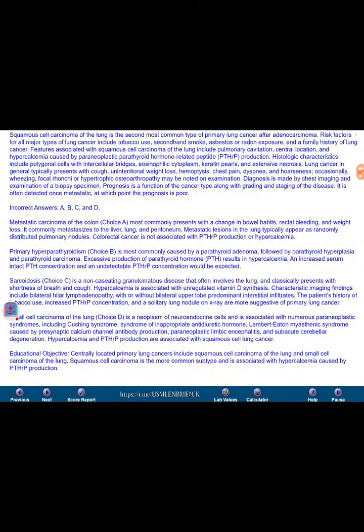Hyperparathyroidism is most commonly caused by parathyroid adenoma, parathyroid hyperplasia, and parathyroid carcinoma. The hormone results in hypercalcemia. Serum intact PTH concentration would be elevated, and undetectable PTHrP would be expected.